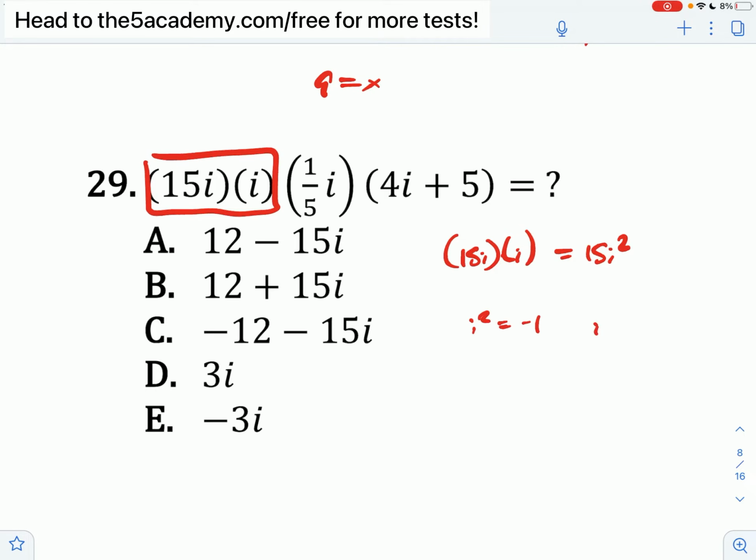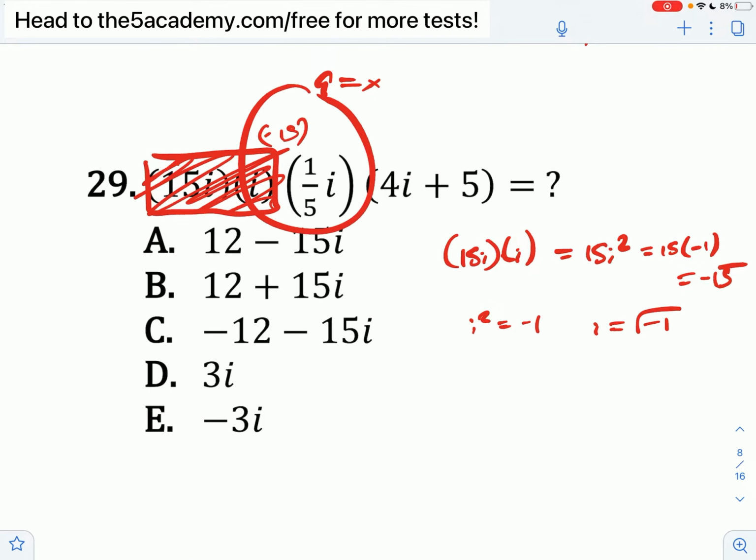So wherever I see i squared, I can just substitute in -1. This becomes 15 times -1, which is just -15. All right? So that's simple enough. This in front here is just -15.